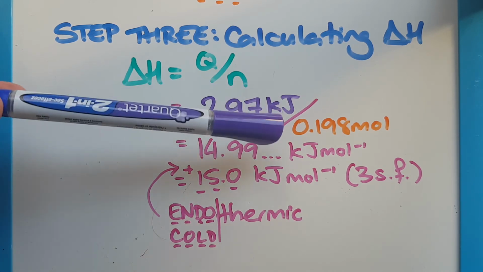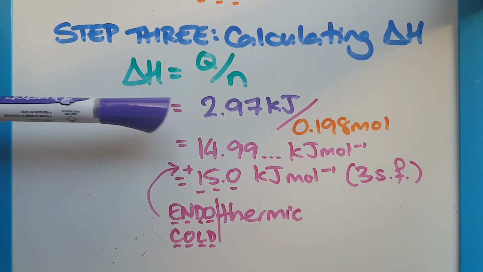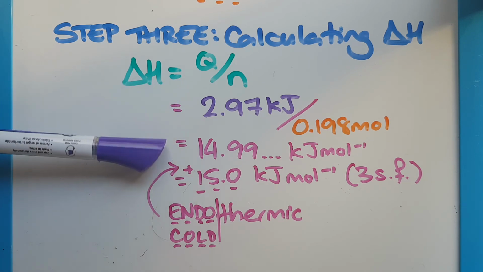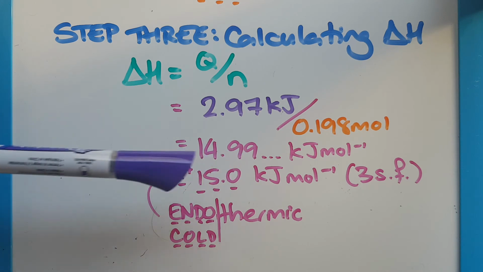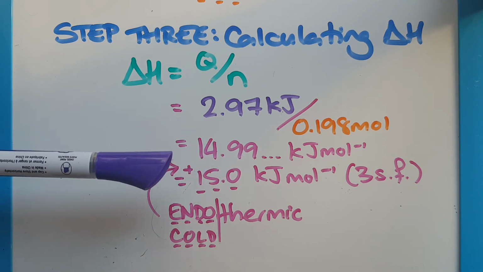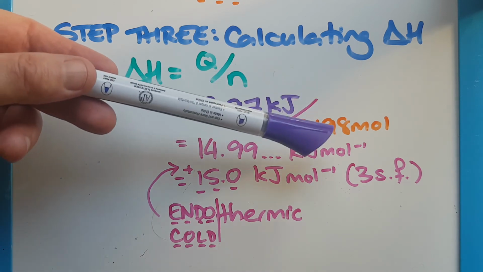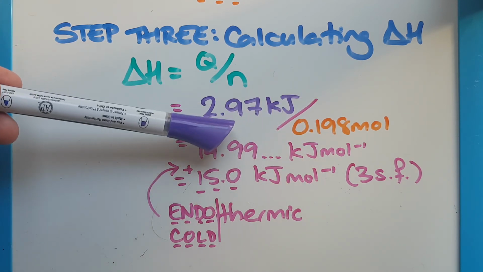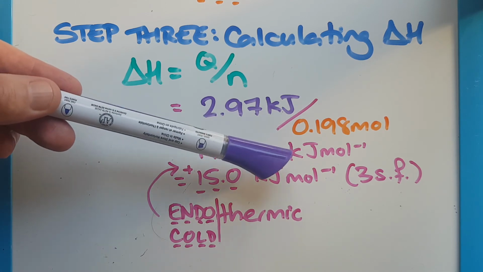We have just found out that the amount is 0.198, and we do a division there. I used the exact values, even though I rounded off in my working, and got 14.99, and again many more decimal places, kilojoules per mole. You can see how it's kilojoules per mole, the units there, kilojoules, the units there, mole. So if you left this as joules accidentally, then your final answer would be in joules per mole.